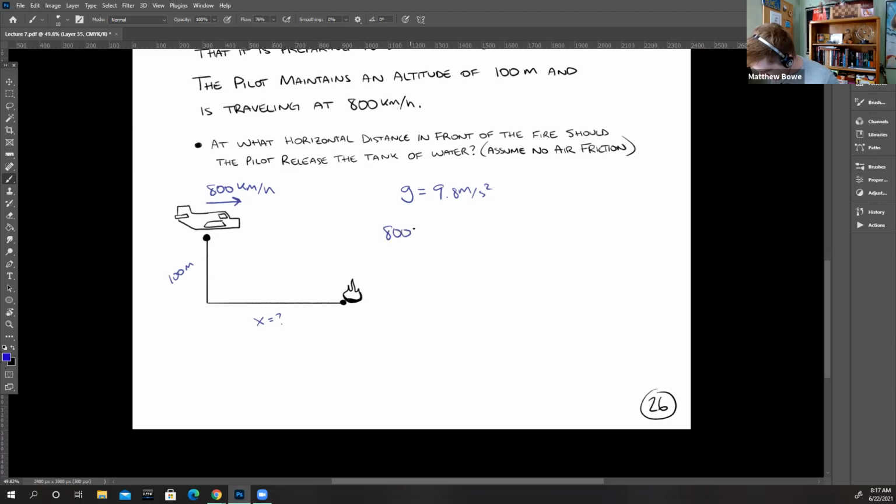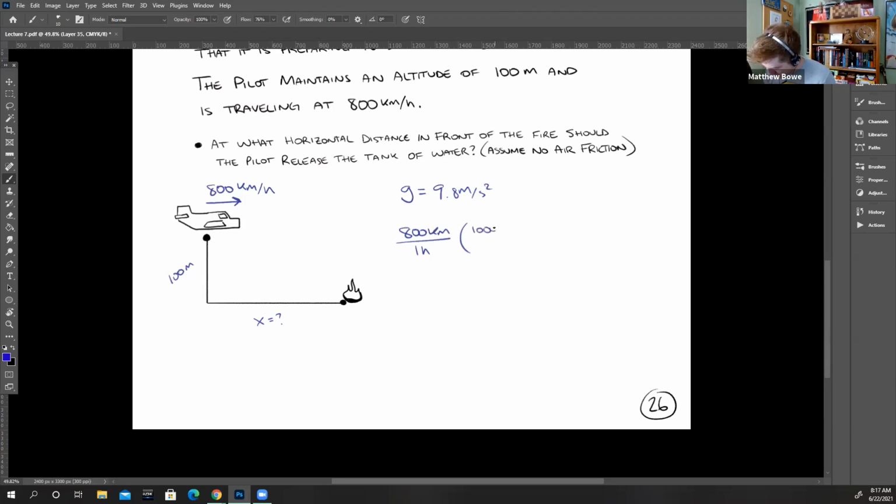So it's 800 kilometers per hour, or let's be a bit more clear, it's 800 kilometers in 1 hour. And we want to get to meters per second. So we need to have meters on the top.